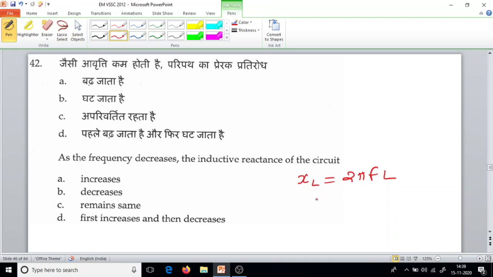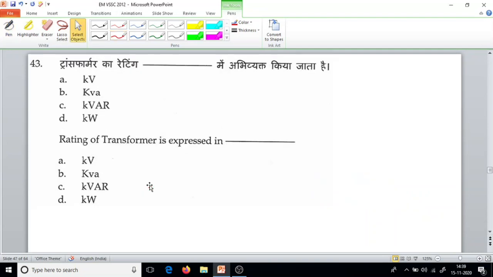XL equal to 2 pi FL. So when frequency decreases, what happens to XL? XL decreases because it is proportional. So the answer is: as the frequency decreases, the inductive reactance of the circuit decreases.